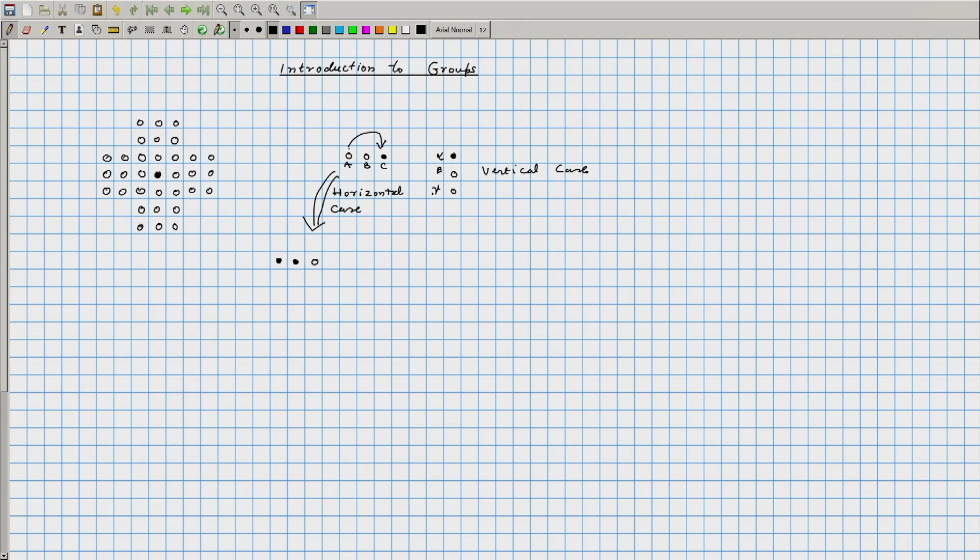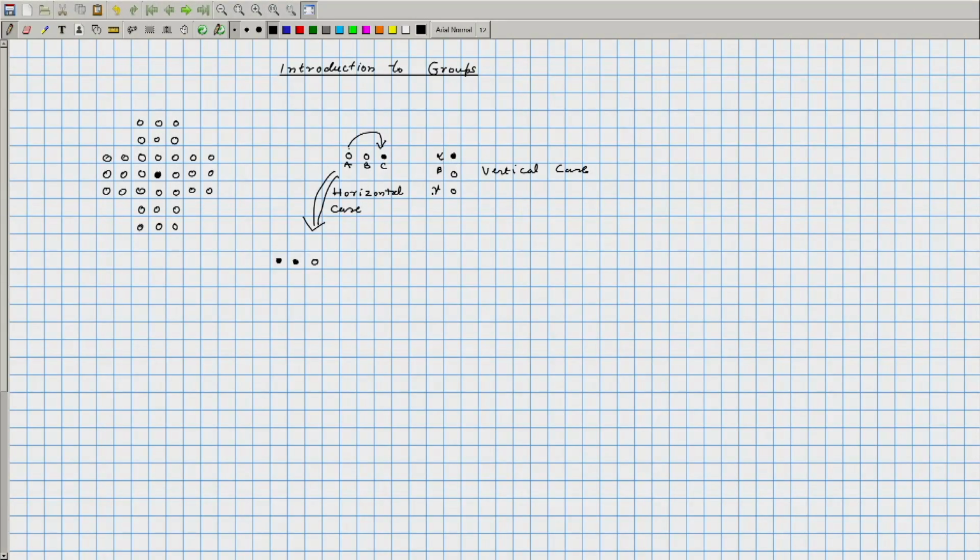Now, the question is, if you start with a particular configuration, can you reach another configuration? Note that any move, horizontal or vertical, will reduce the number of marbles on the board.